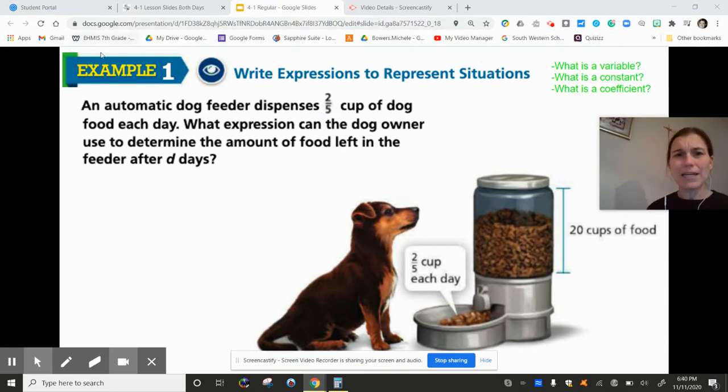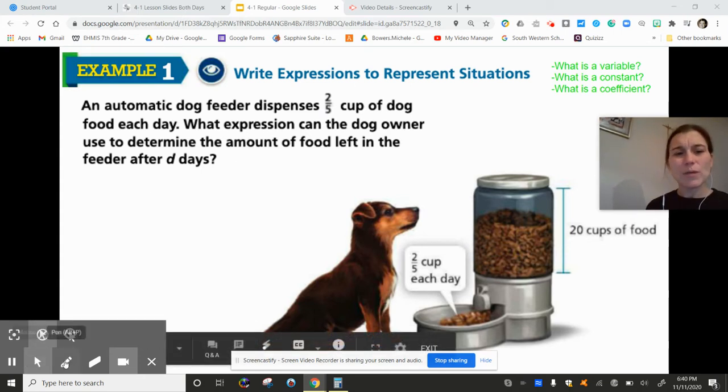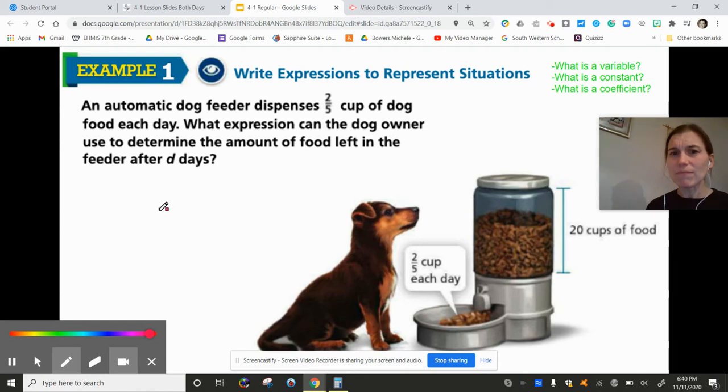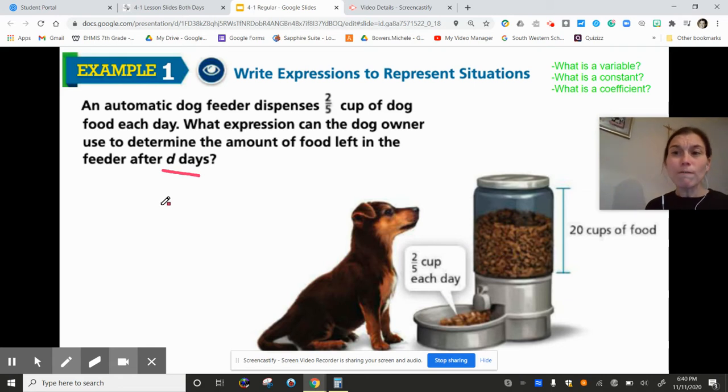So what expression can be used? An expression means that we're going to be using this variable d, and we're trying to find the amount of food. So in order to find the food, I would have to take food away from food to end up with food. Maybe that confuses you.